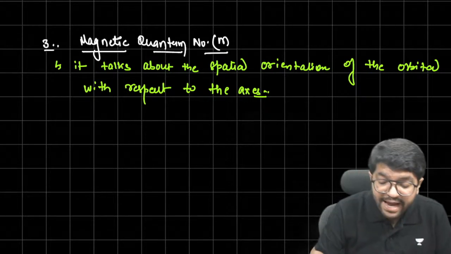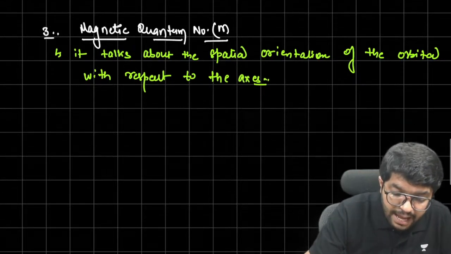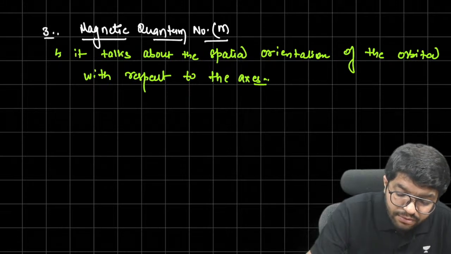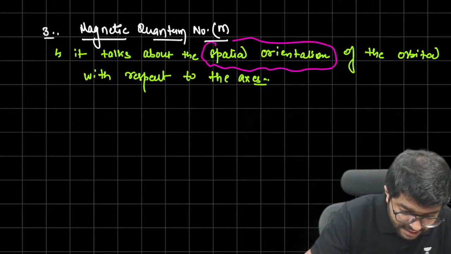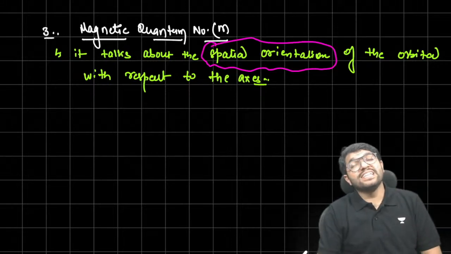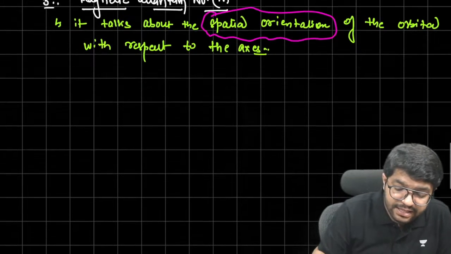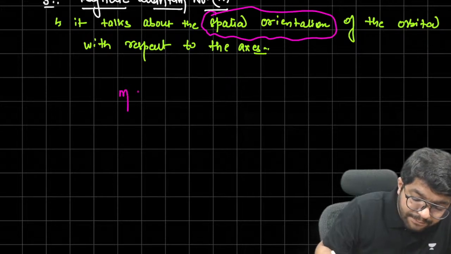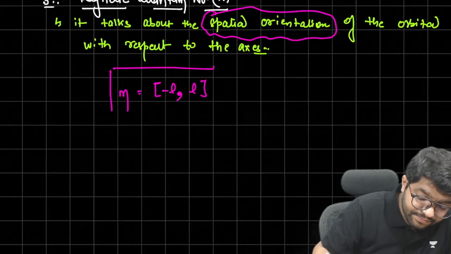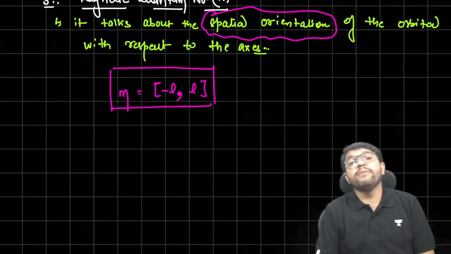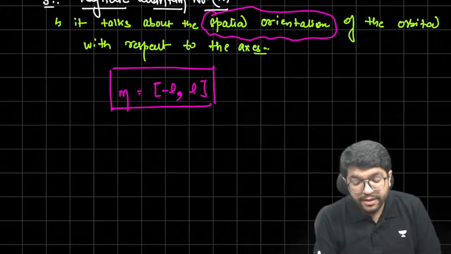So the magnetic quantum number M talks about the orientation to which axis. And the value of M varies from minus L to L.